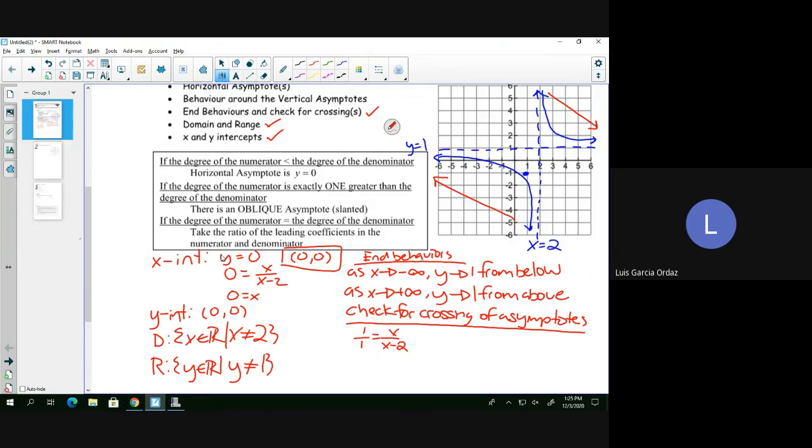And this looks similar to what we did. So at the end, we end up getting -2 is equal to 0, but that cannot happen. So that means there are no crossings of the vertical or horizontal asymptotes. The next example will have an example of where it crosses, and I'll show you how to calculate that.